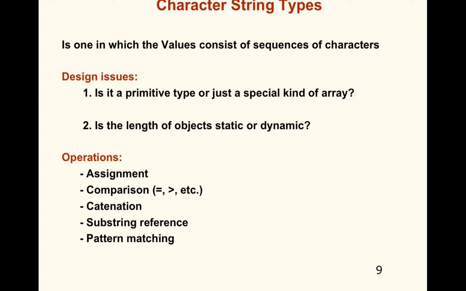And so for most strings, you want to support a dynamic length. I'm still talking about number 2 here on the design issues, is the length of the object static or dynamic. Usually most modern day languages want to do dynamic, but how are they going to do it if they're going to use a static construct for it, which is what I was talking about with C++. Now, Java does a dynamic one.